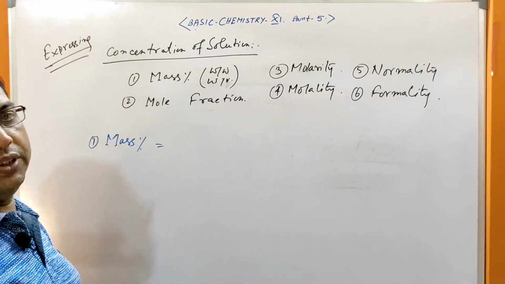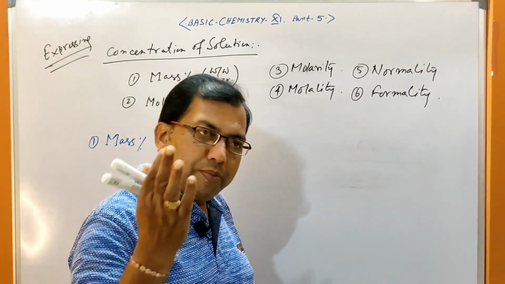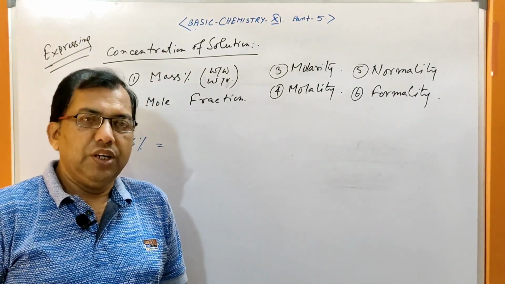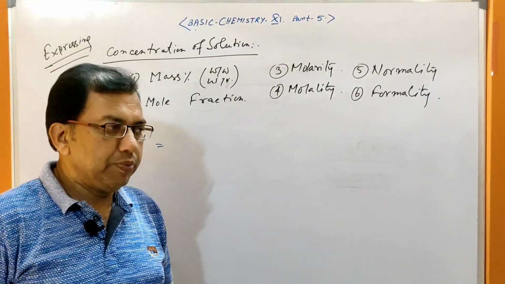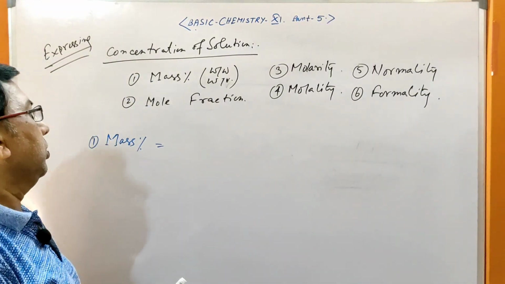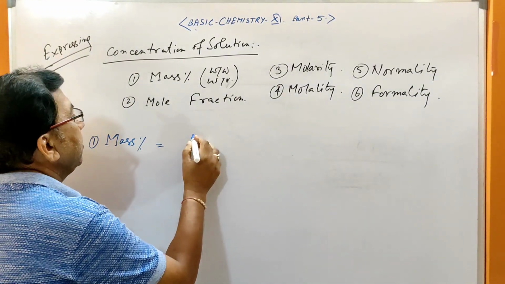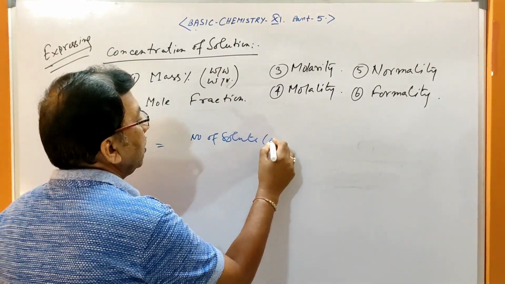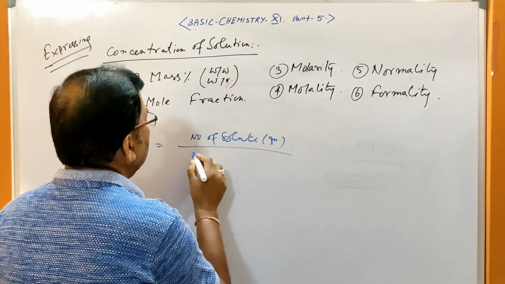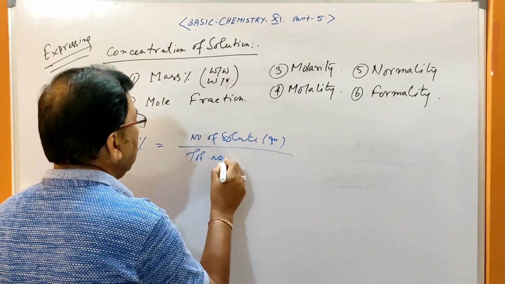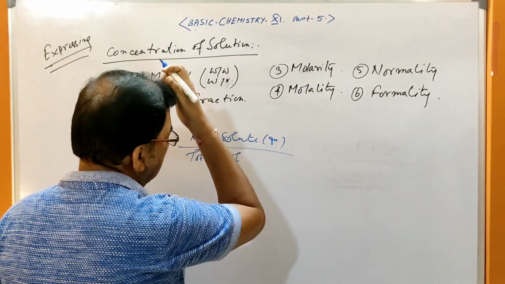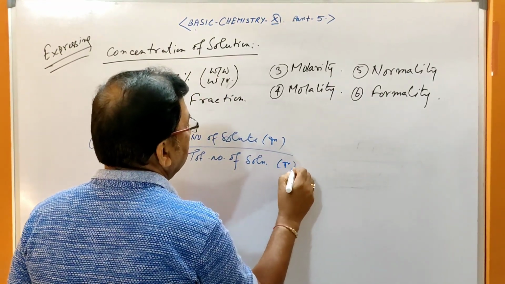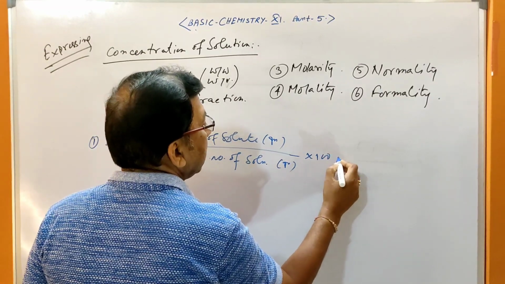Mass percentage is the number of grams of solute present in 100 grams of solution. So mass percentage equals the mass of solute in grams divided by the total mass of solution in grams, into 100.